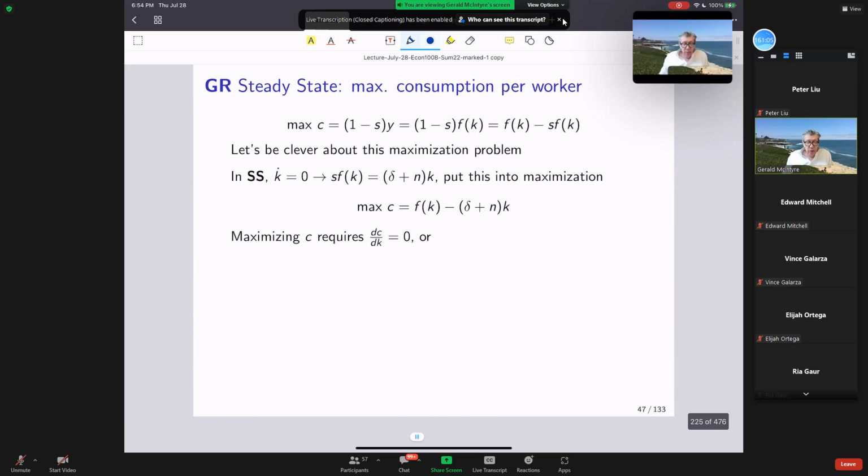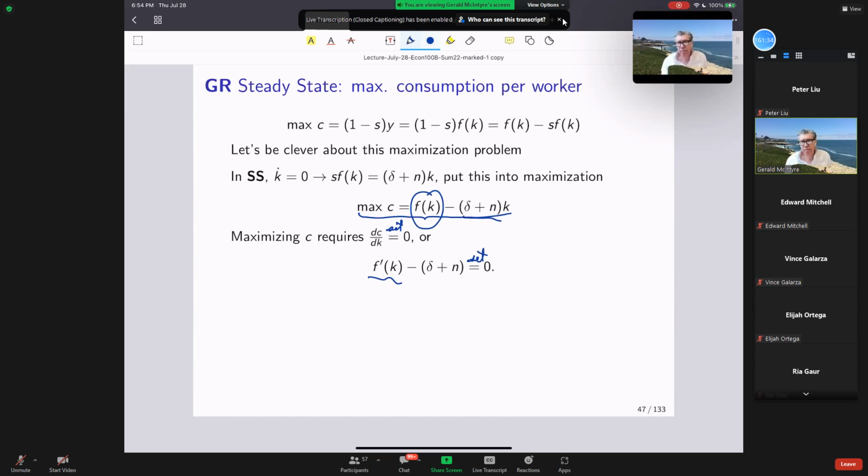Maximizing consumption by choosing K means the derivative of the consumption function with respect to K is set equal to 0, and the second order conditions hold. So if I take the derivative of this with respect to K, the first term will give me F prime of K, and the second term differentiated with respect to K is just delta plus N. I set this derivative equal to 0.